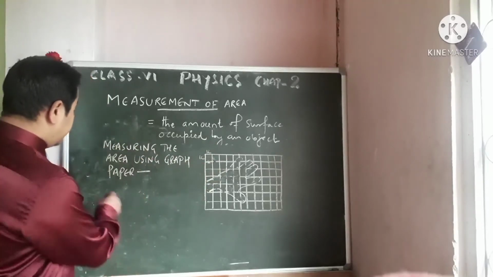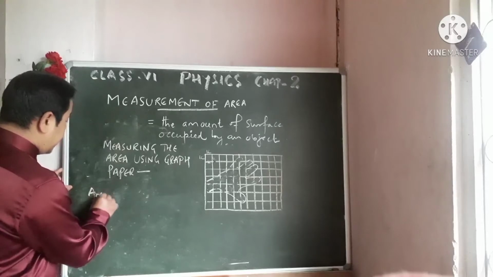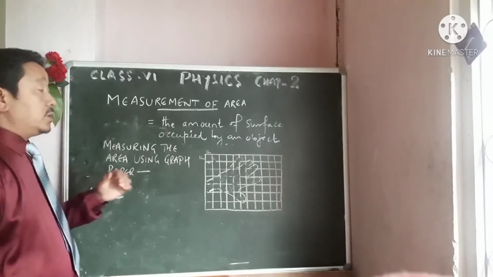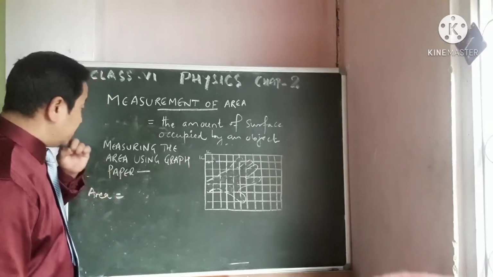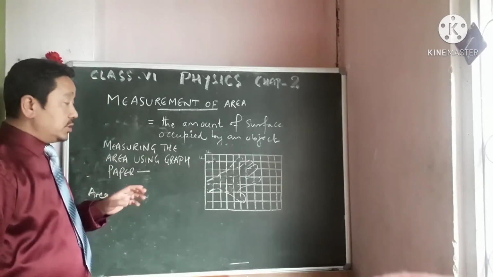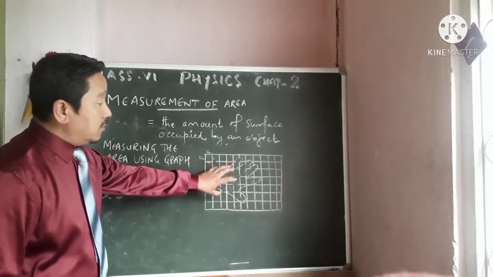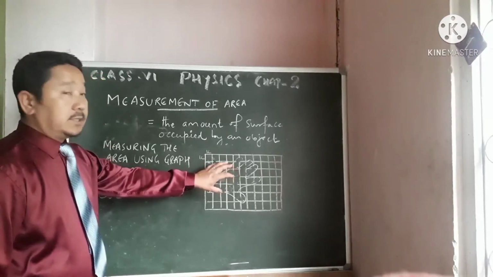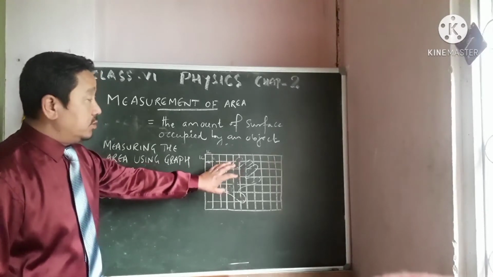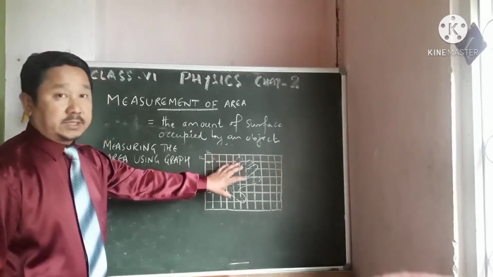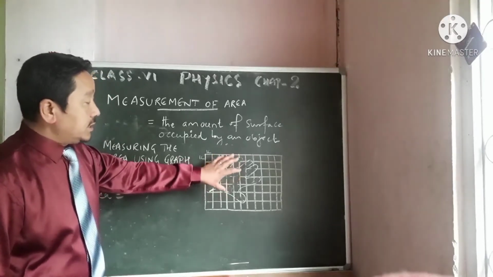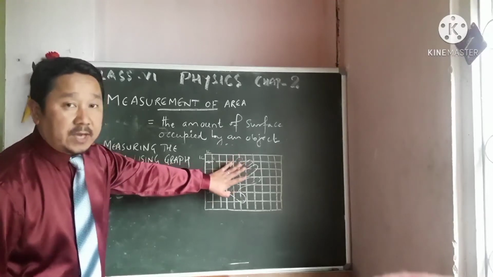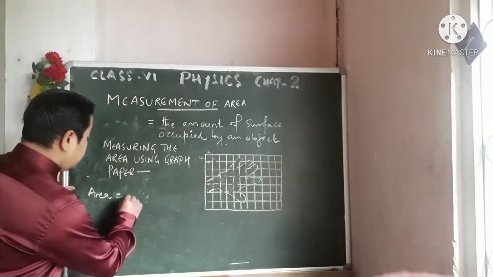Okay, so now see area. How you have to measure the area now. For that, first you need to count the complete boxes enclosed by the outline of your hand.